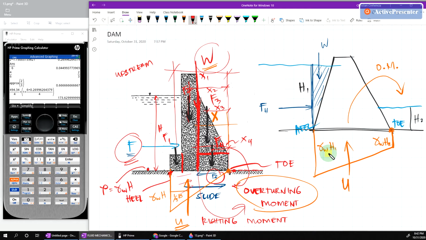Okay? Then of course, yung weight ng water dito sa upstream side will also produce downward force na somehow matutulak pa rin doon sa dam to maintain yung design position niya. Okay?